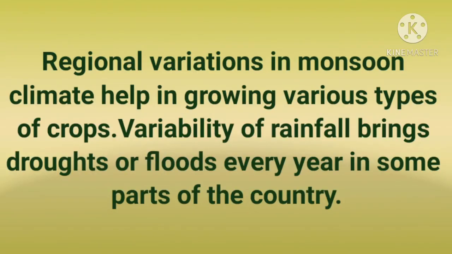We can say the variability of rainfall brings drought or flood every year, and the regional climatic variation in India is reflected in the variety of food, clothes and house types.